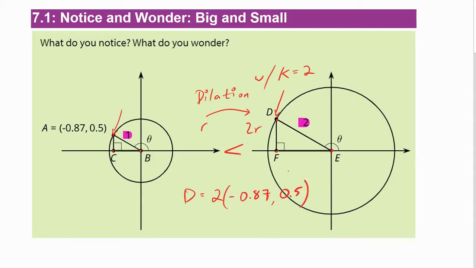So D will be actually the same as A, except you're multiplying by 2, because everything is twice as far away because the radius is now 2. So dilations are just applied like that. So notice your scale factor, algebra-wise, is just a multiplier. It's just doubling in this situation.